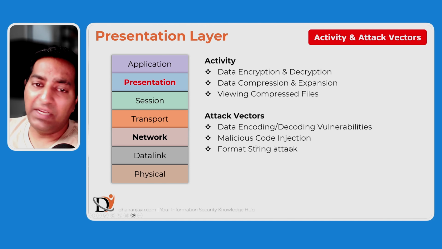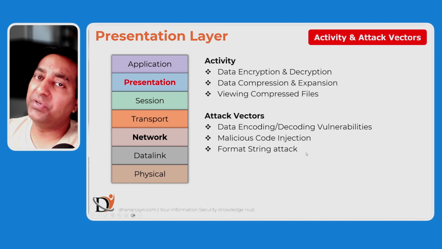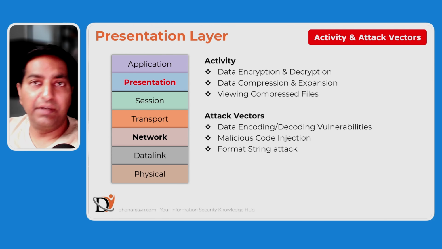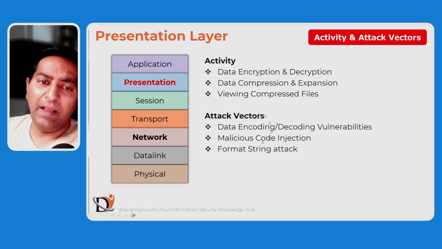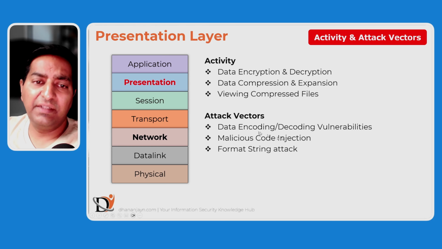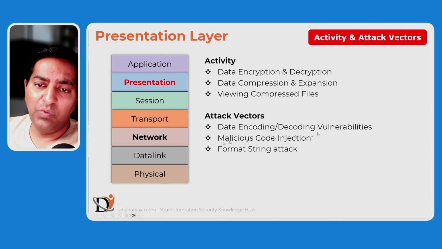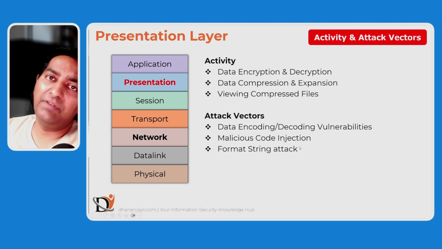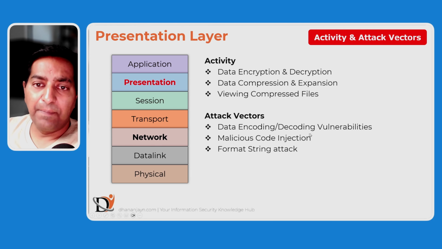Malicious code injection and format string attacks are some of the attacks possible if the site is not protected properly using an SSL certificate. For now you just need to understand that these are the attack vectors. If you Google around, you will find a lot of information on these topics, but as this is specific to the OSI model, I won't cover that in depth.